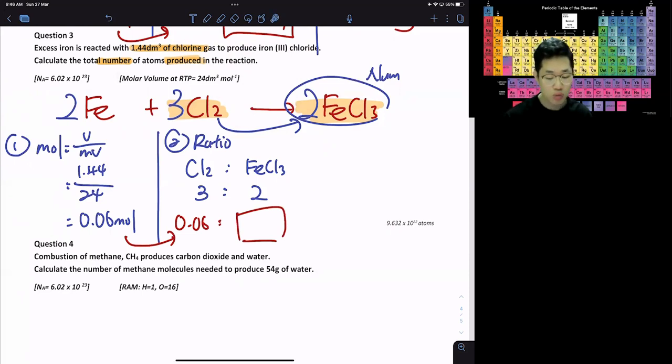So 3 to 2, how to do? For those who do know how to do the ratio of 3 to 2, you can always do cross multiplication, like your maths. Okay, you put it into a fraction and then you cross multiply, and you'll be able to get 0.04 mole.